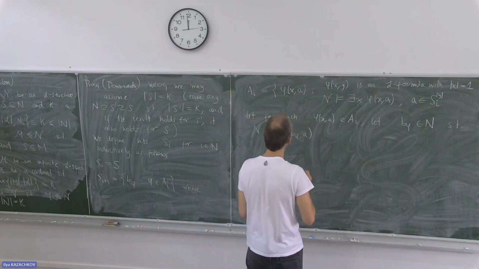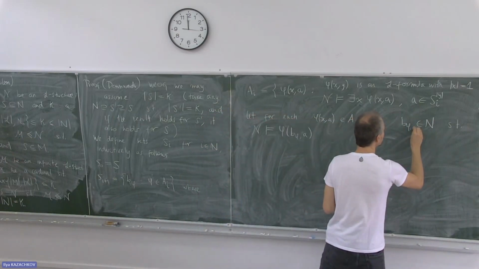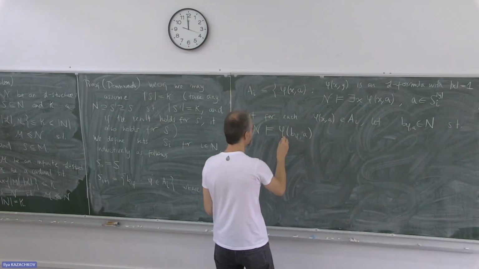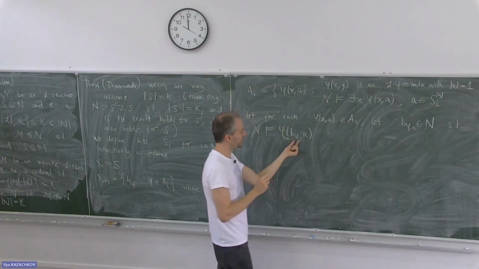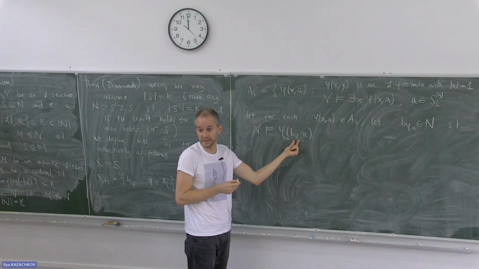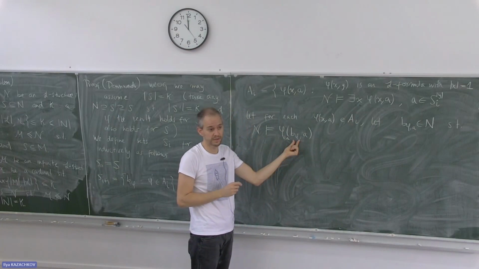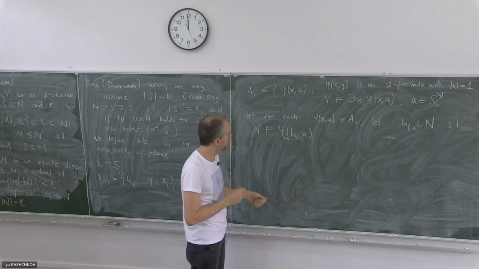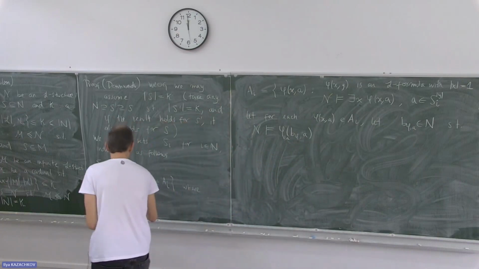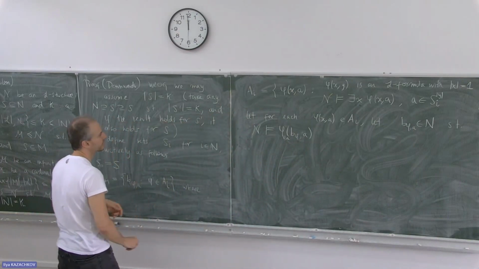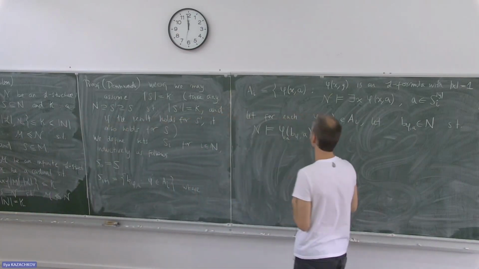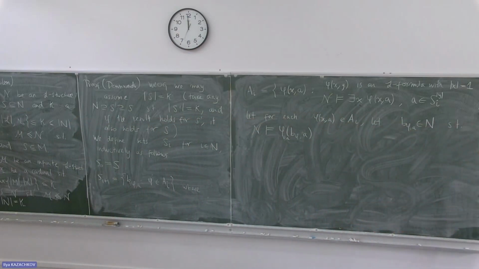If I am a little bit more precise, I should put here. And you use the axiom of choice. Exactly. I'm choosing here a representative or a witness for this formula. You're totally right. Then you use the cardinal. Correct.